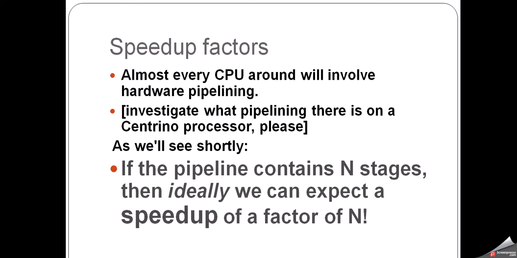So the big claim now is that if a pipeline contains n stages, then in the ideal case we can expect a speed up of a factor of n.